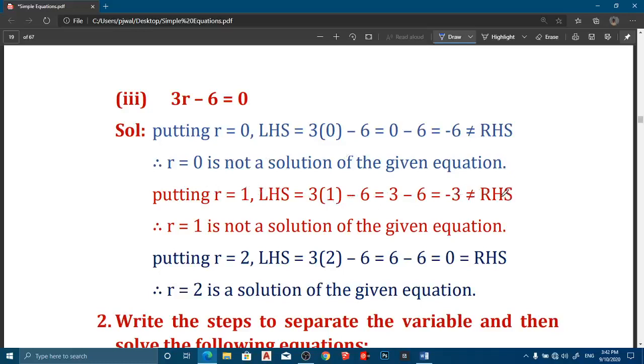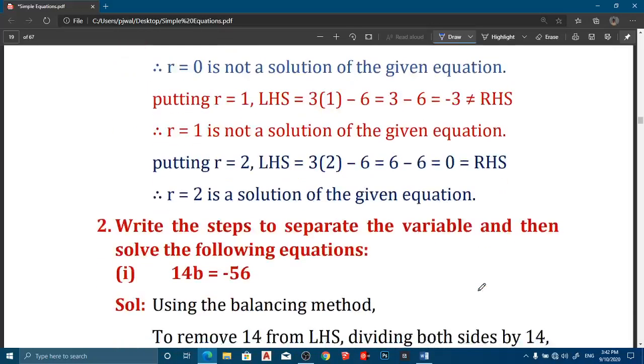It is also not equal to the RHS, so r is equal to 1 is also not a solution. Now substitute 2. 3 twos are 6, and 6 minus 6 is equal to 0, which is the RHS value. Therefore, r is equal to 2 is a solution of the given equation. In 3 trials you got the answer.